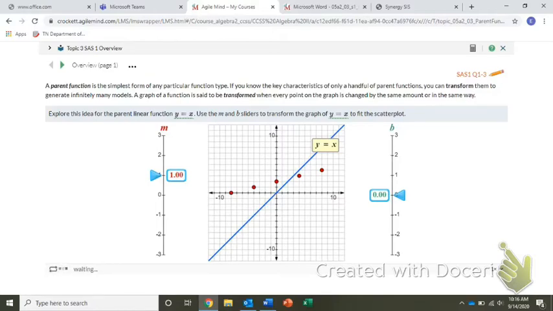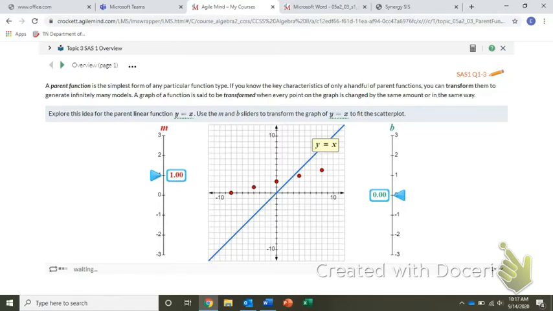All right, so this animation that you see at the bottom will be used many times during this topic. So what we're going to do, we're going to move these blue arrows to make a new line. So number 2 says, state the slope and the y-intercept b needed to transform the graph of y equals x to fit the data represented in the scatter plot shown.